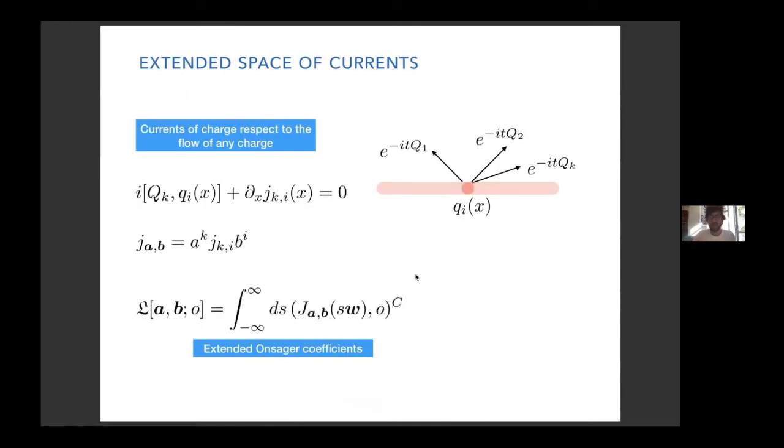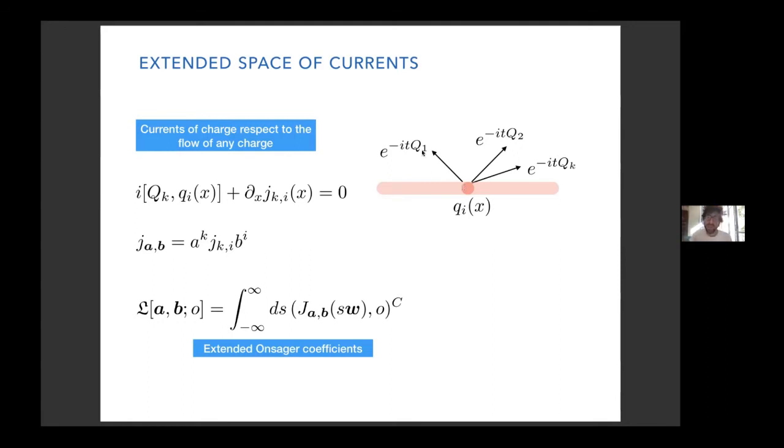Turns out that in order to write down the hydrodynamic equation for such a system, we have to extend the space of our currents. Of course, we know that the current we usually call the hydrodynamic current is the one induced by the flow of the Hamiltonian. If you have some density, this will flow due to the evolution of the Hamiltonian. But this is just one current we can consider.